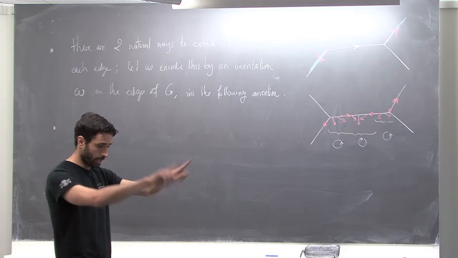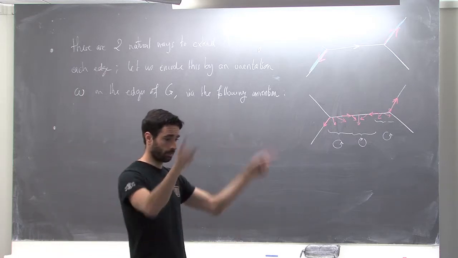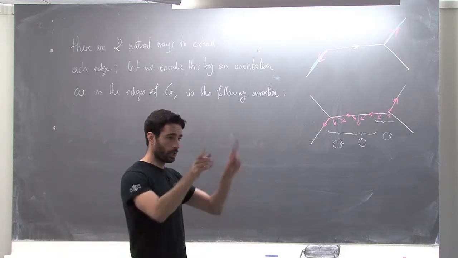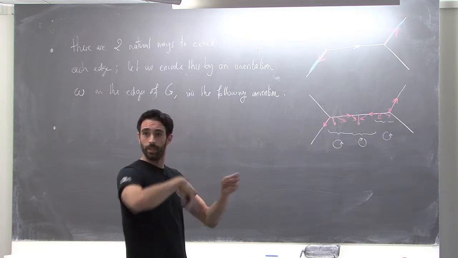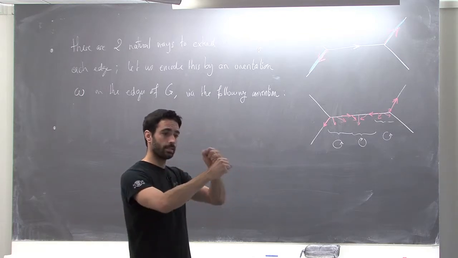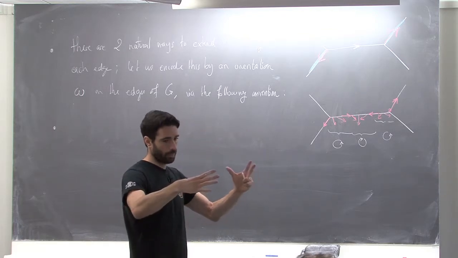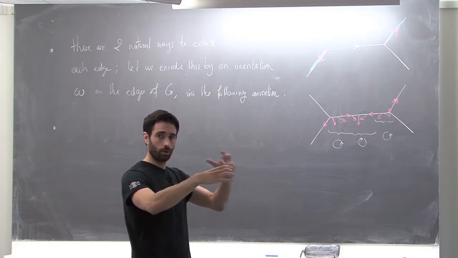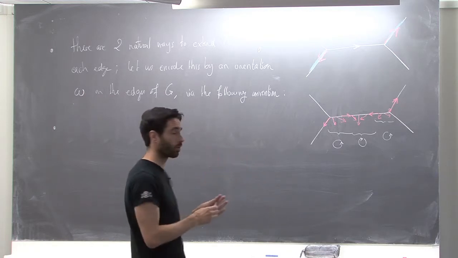Right? So you imagine you have your face that is like a disk, and you have your vector field that is making these crazy things along the boundary, and you just extend it by making it smaller and smaller until it's zero in the middle. That's called a cone construction.